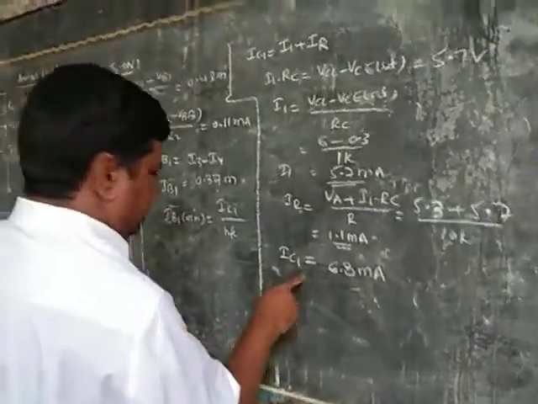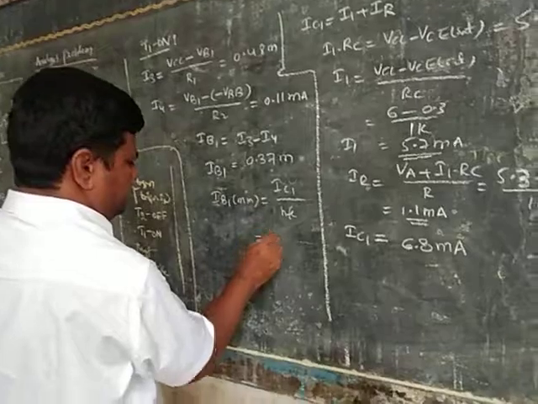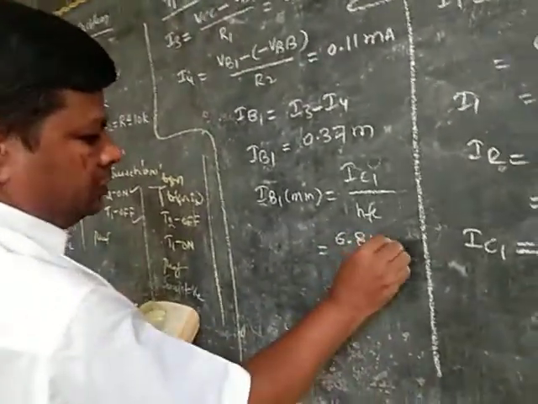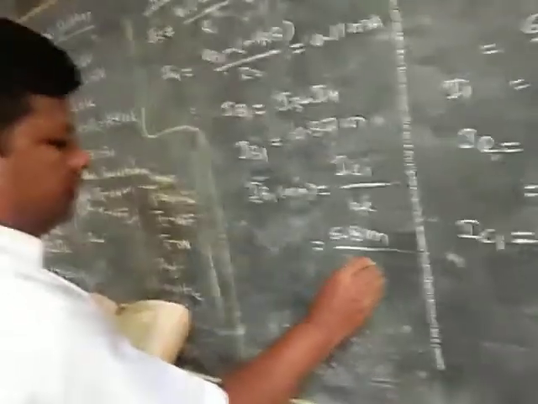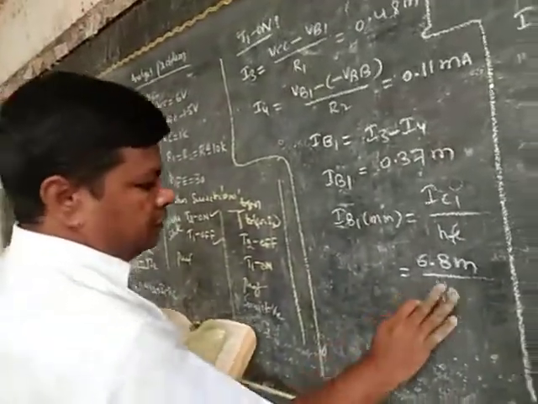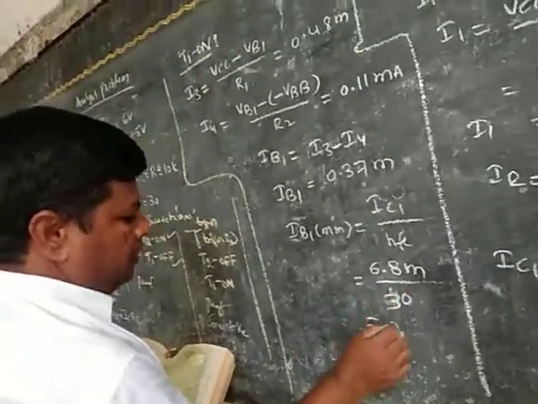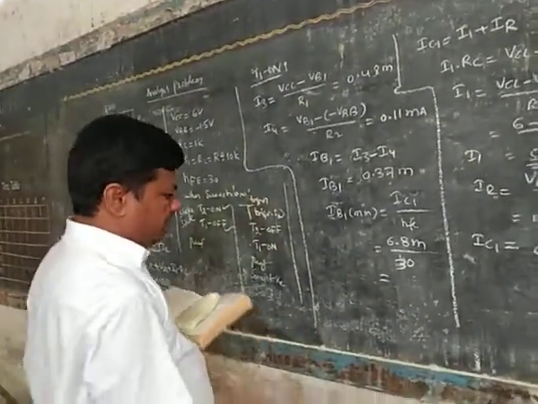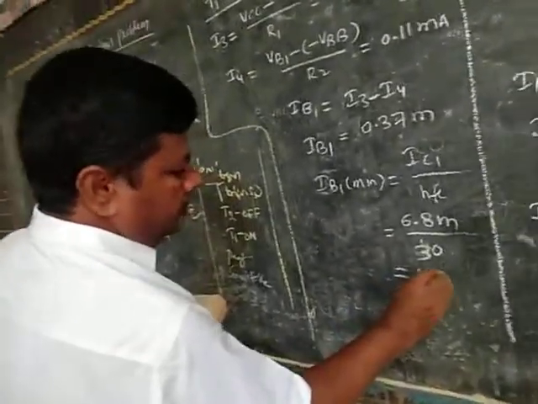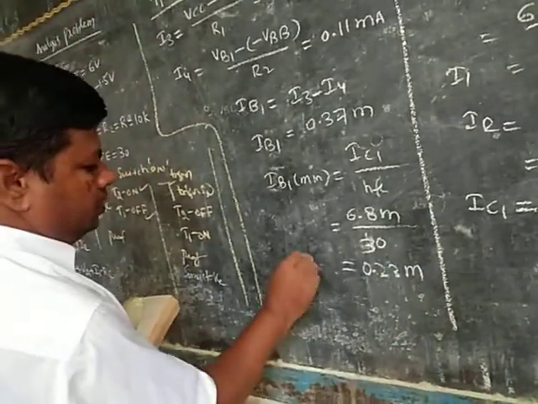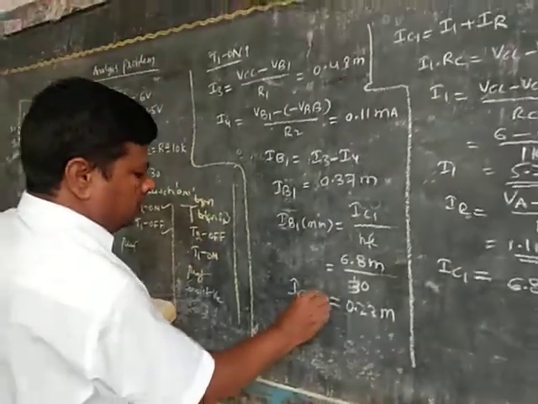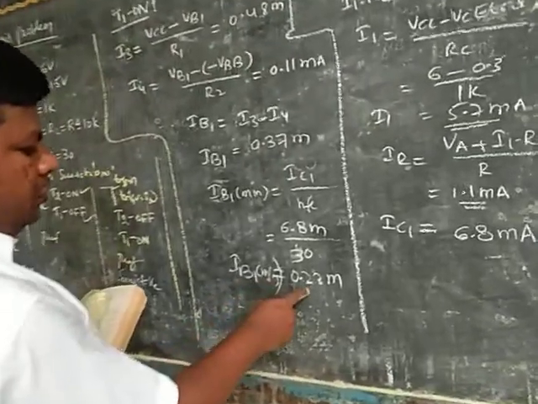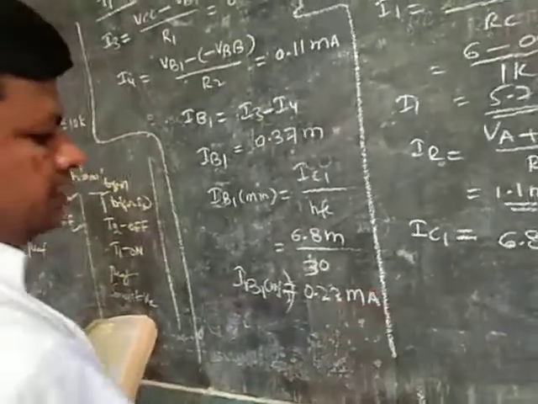Once you know the IC1, then IB1 minimum is equal to 6.8 milli by HFE value 30. That is equal to 0.23. So IB1 minimum is equal to 0.23 milliamperes.